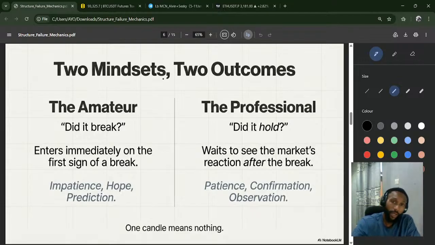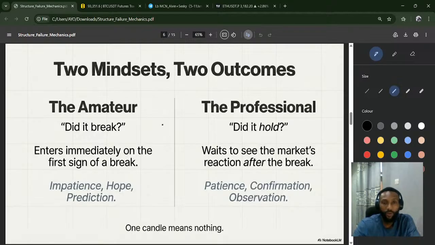You can see two mindsets, two outcomes. The amateur asks, did it break? He enters immediately on the first sign of a break: impatience, hope, and prediction. Then the professional asks, did it hold? He waits to see the market's reaction after the break: patience, confirmation, and observation. These are the two mindsets.